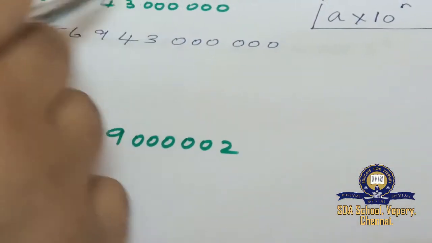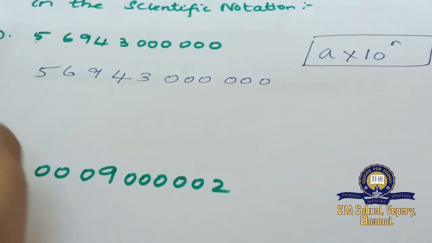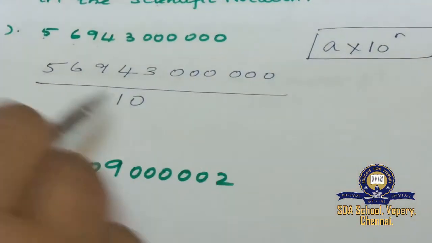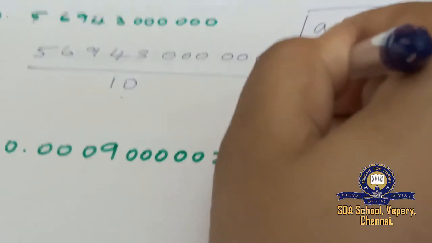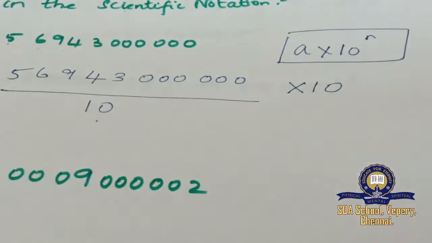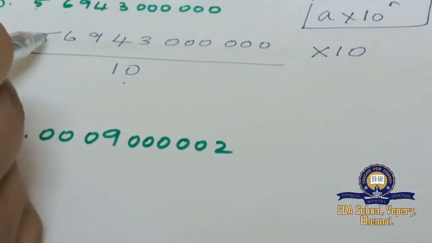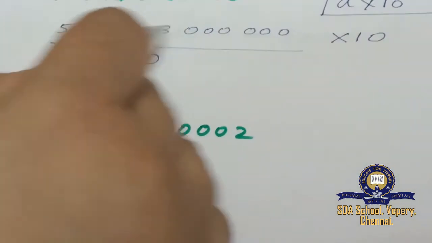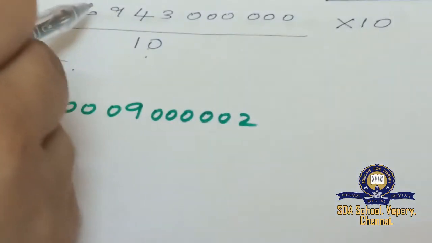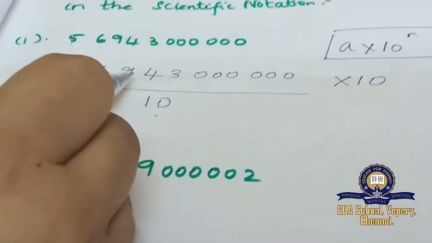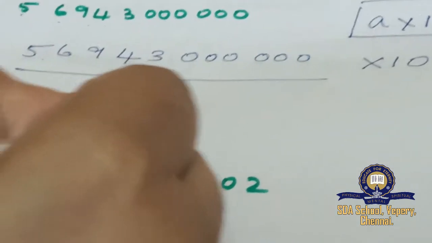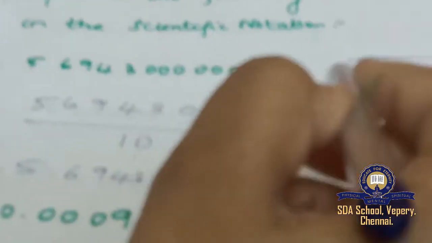Then I want a decimal point over here, which means I have to divide it by 10. If I divide by 10, I also have to multiply it with 10. I will get a decimal point over here, and I can write all the numbers like this. First I will write the numbers alone: 5.6943 into 10 power. Now what will come?